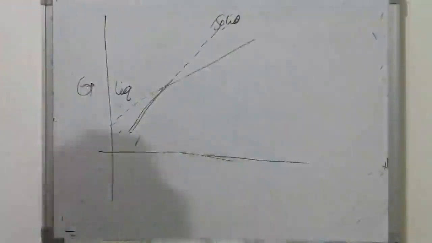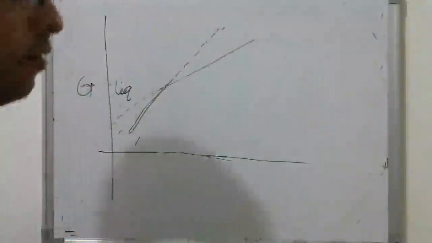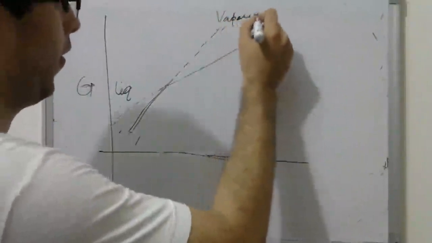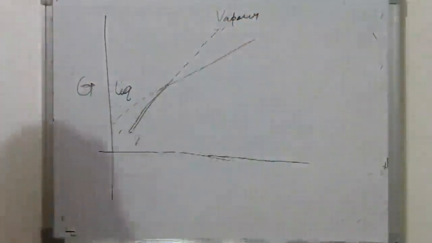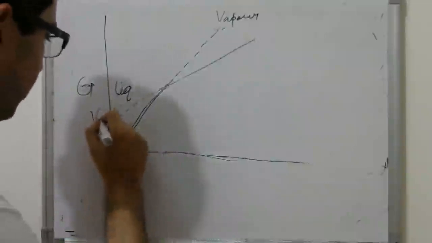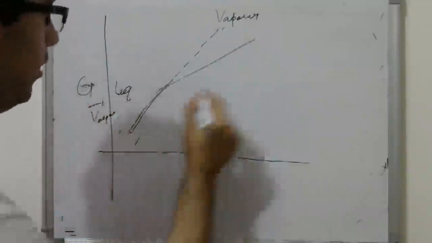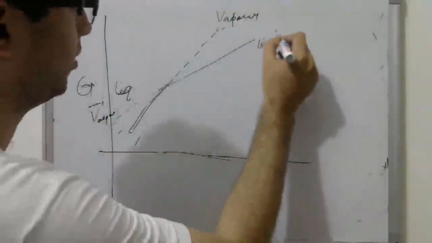Let's say this is liquid and this is vapor. This is vapor imaginary, and this is liquid imaginary.